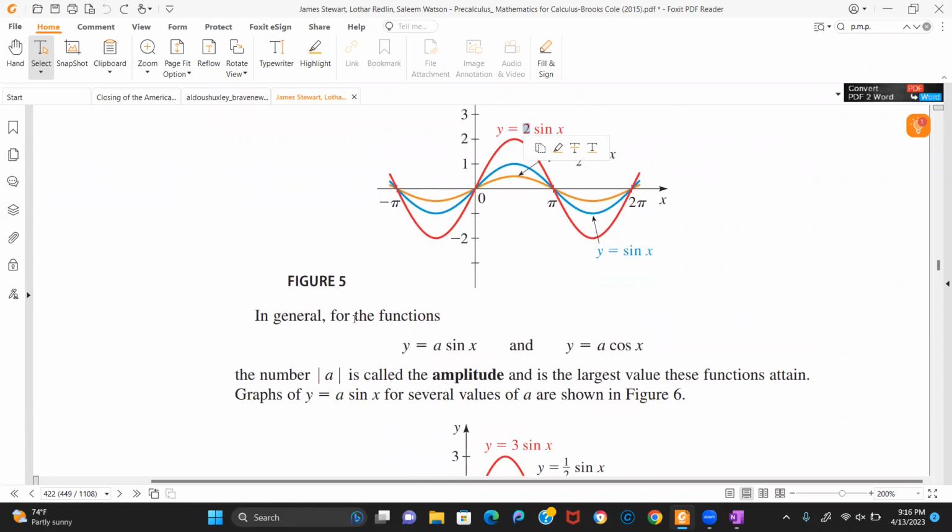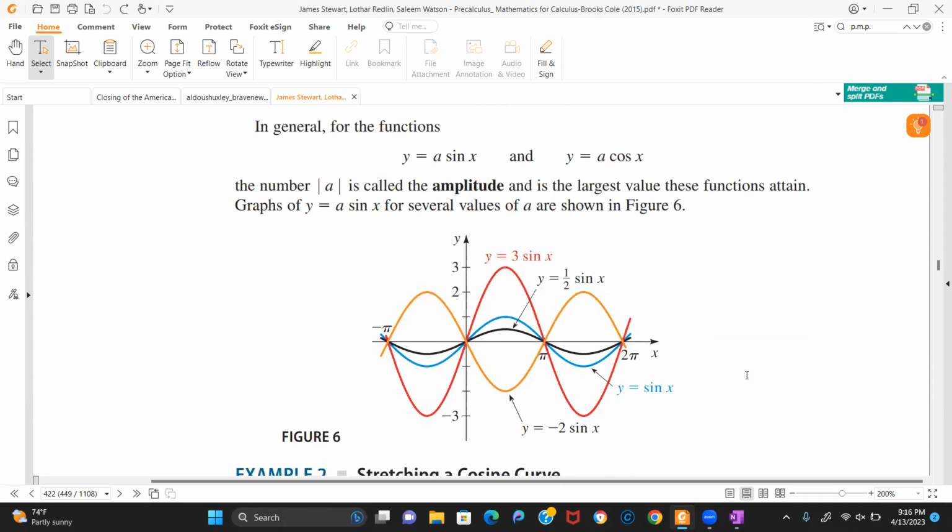And as I said here, in general for these functions, you have stretches or shrinks depending on what a is. If a is bigger than 1, you're stretching. If a is less than 1, basically, you're shrinking. And the absolute value of a is called the amplitude. It's going to be the largest value these functions attain.